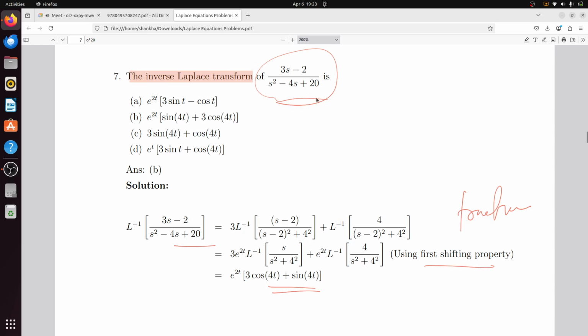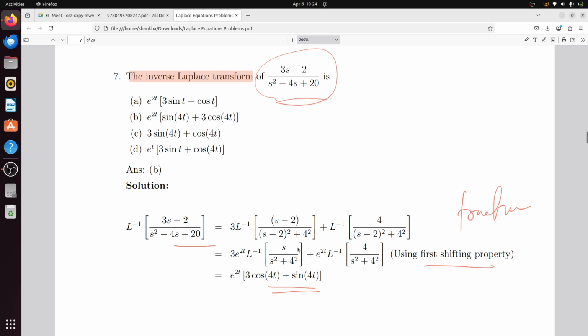What you need to do here is write 3s minus 2, subtract and add 4, so that will give you 3 Laplace inverse of s minus 2 by s minus 2 whole square plus 4 square, plus Laplace inverse of 4 by s minus 2 whole square plus 4 square. That will give you 3 e^(2t) Laplace inverse of s by s square plus 4 square plus e^(2t) Laplace inverse of 4 by s square plus 4 square.